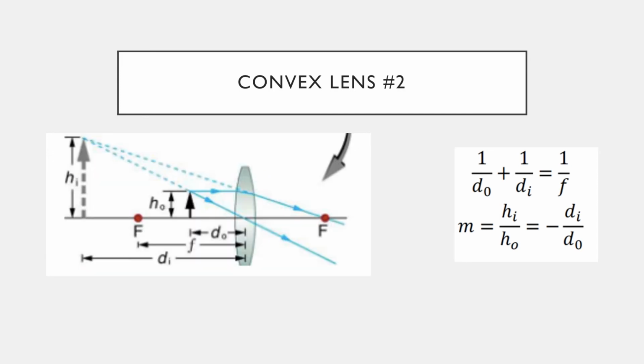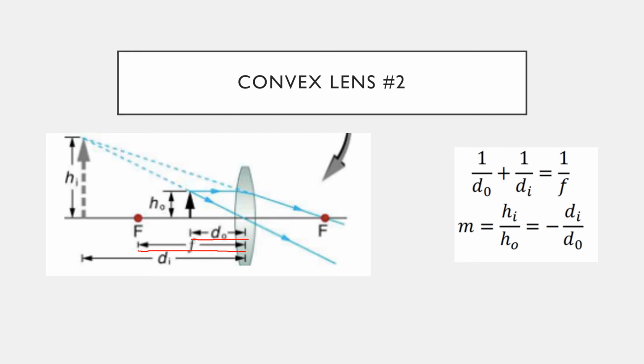So the other scenario that can happen with a convex lens is when the object is closer to the lens than the focal point. That would mean that our do here, or distance to the object from the center of the lens, is less than the distance from the focal point to the center of the lens.